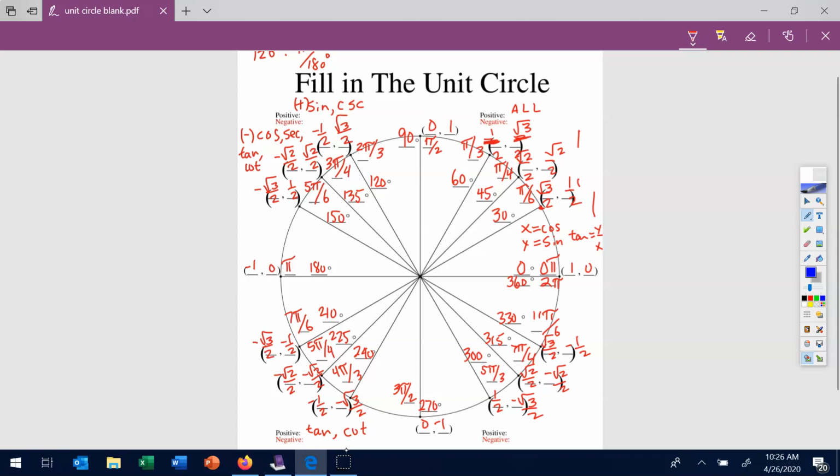That means everything else is going to be negative: cosine, sine, secant, cosecant. All right, now we're over here in quadrant 4. What's positive? Cosine is positive, and so that means secant is positive. Everything else is negative: sine, cosecant, tangent, cotangent.